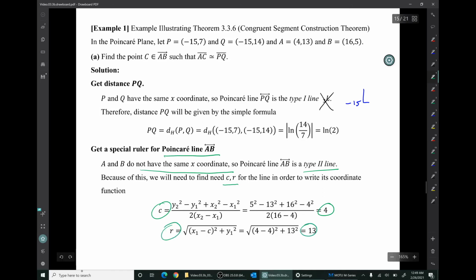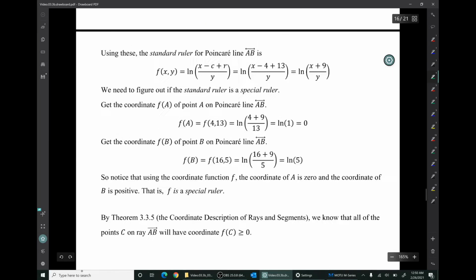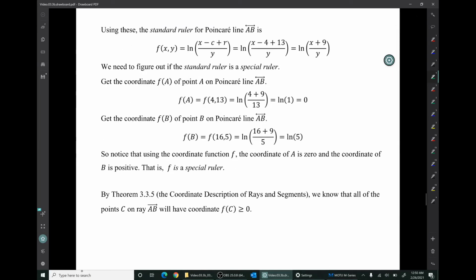That's a special triangle, a 5, 12, 13 triangle. Using these, we construct the standard ruler for the Poincare line using that old formula, and we get that the standard ruler is this.